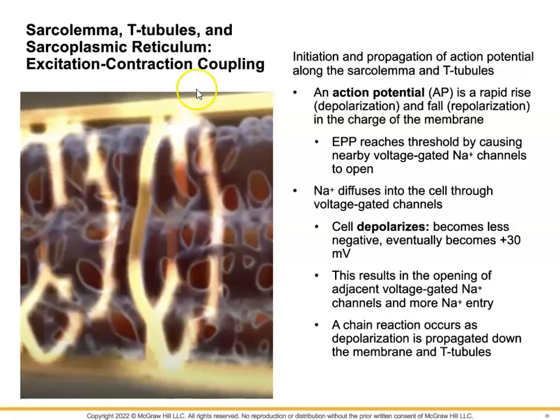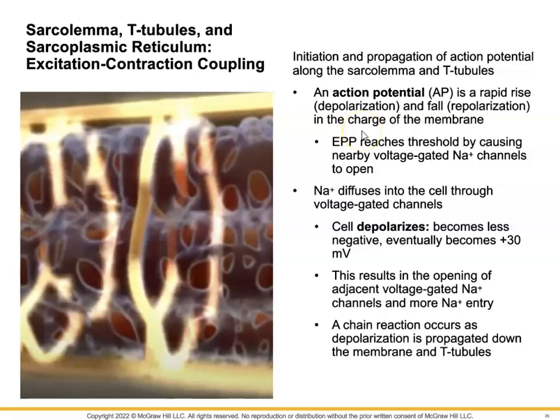So what that is doing is bringing parts of the cell membrane down into the cell instead of just forming that outer covering, okay? So everything you see here in yellow is cell membrane. We call the outside part the sarcolemma. We call this inside part the T-tubules or transverse tubules because they transverse the cytoplasm.